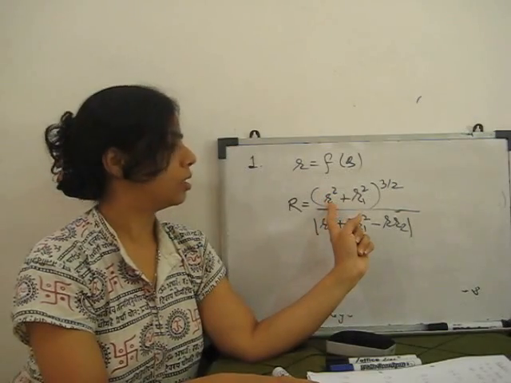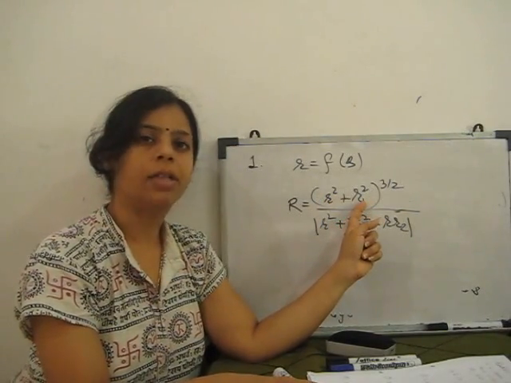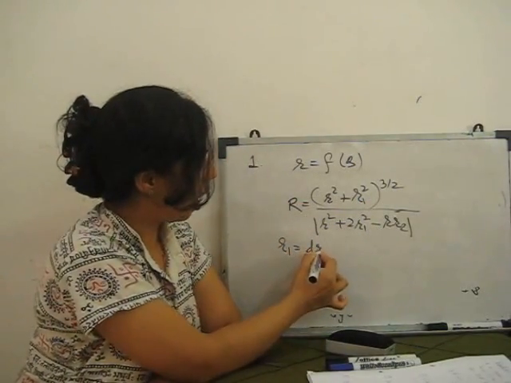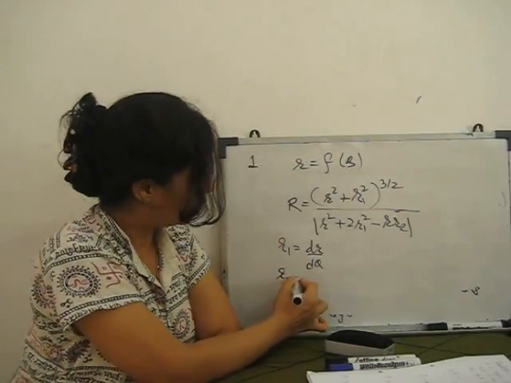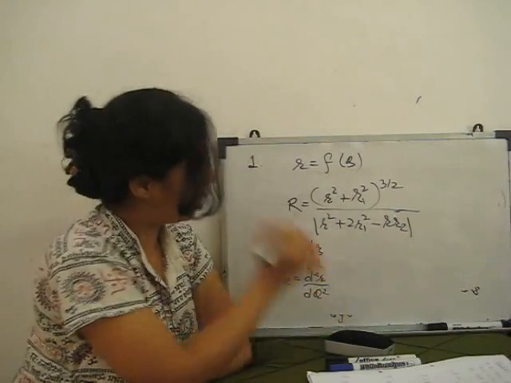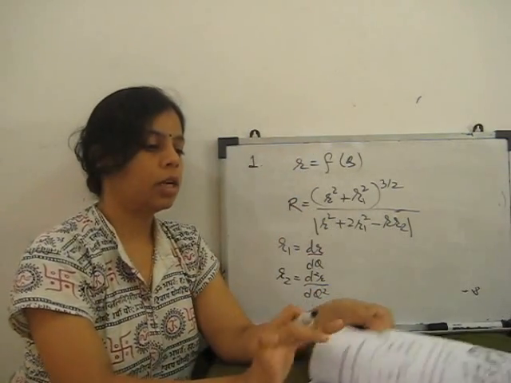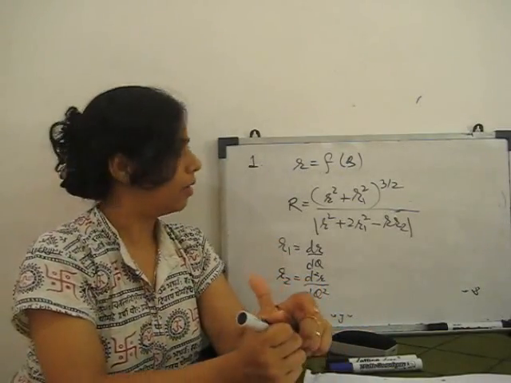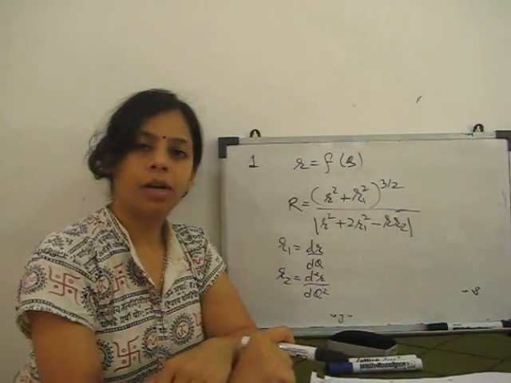So r1 means the first order derivative of r with respect to theta, so r1 is dr by d theta and r2 is d2r by d theta square. Clear? So this is our radius of curvature for polar form, and there is one more formula for implicit function.